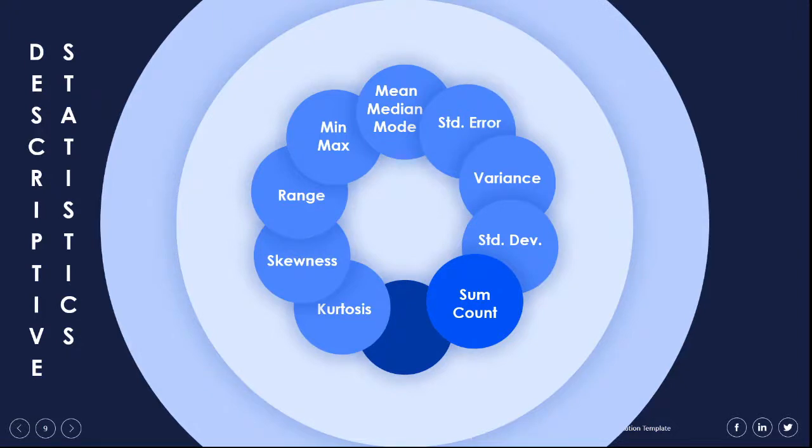That's just the minimum value of the sample and the maximum value of the sample. And then the range is the range of the values. Skewness measures the symmetry of the data, and kurtosis, the current view argues that it measures the peak of a distribution. So you can refer to your basic statistics when we're talking about descriptive statistics.